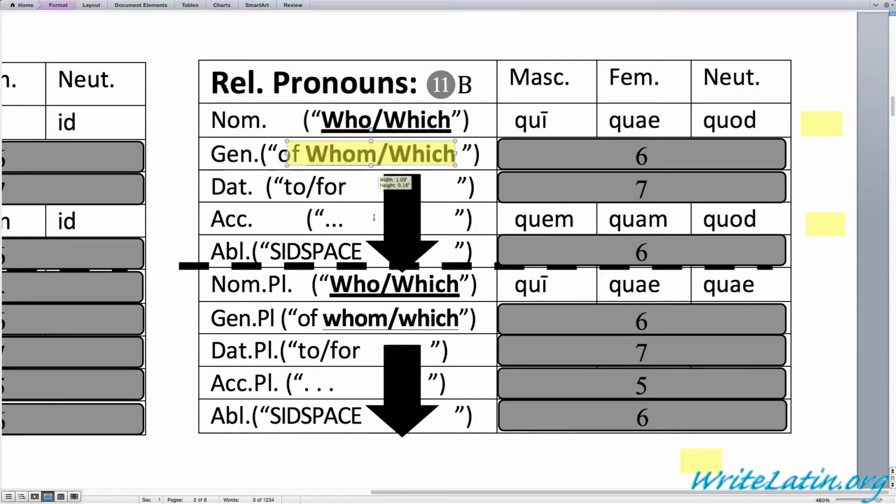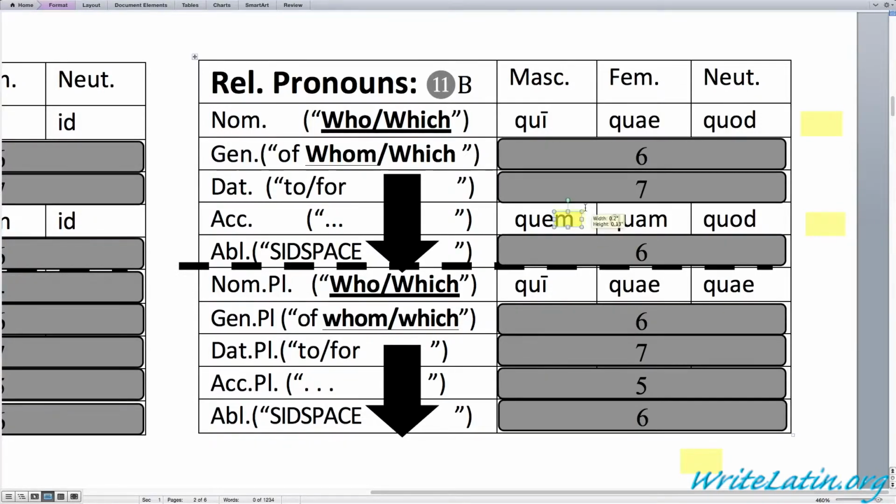You cannot say who for any of the other cases. Why? Because all the rest of these use whom with an M on the end. So especially when Latin has an M on the end of it, you'd better translate it as whom, but also in these other cases, which we aren't going to get to in this stage.